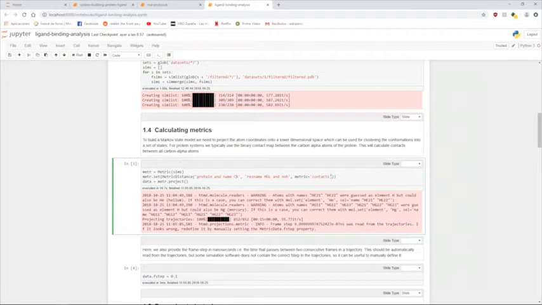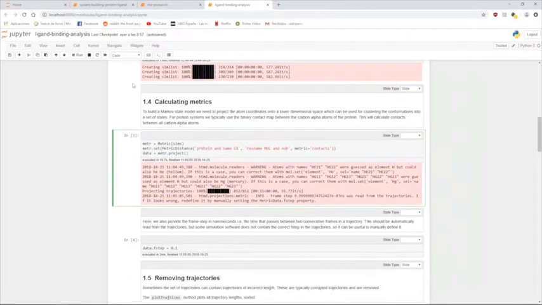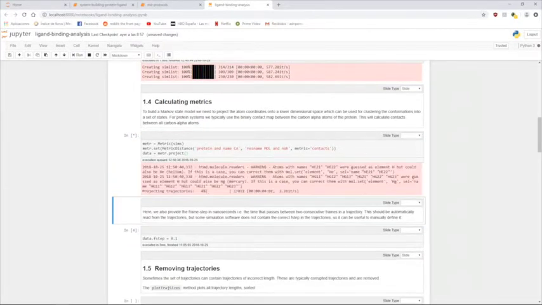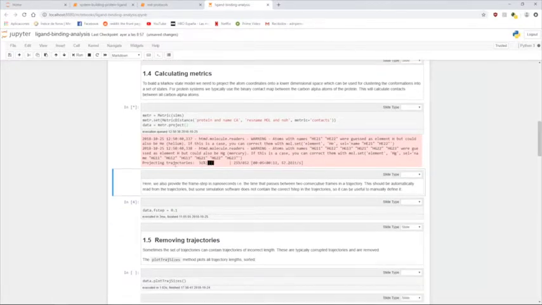For example, we'll use contacts between residues, specifically the contacts between the benzamidine atoms and protein carbon alpha atoms. That's the metric we will use to describe the different conformations in the frames we have for the whole set of trajectories. So we'll run this command. It's quite fast.